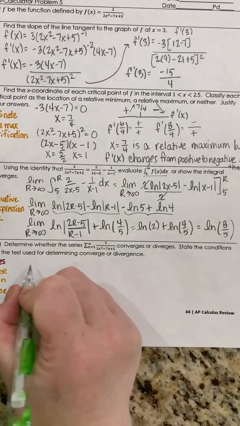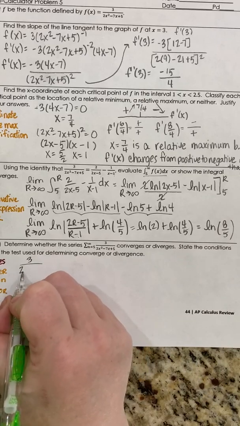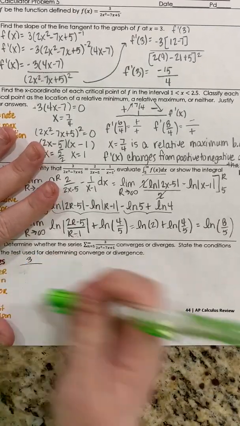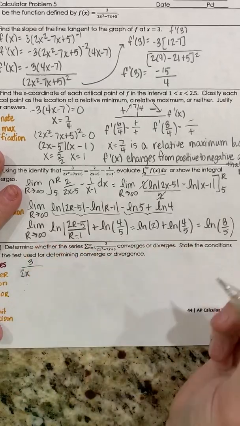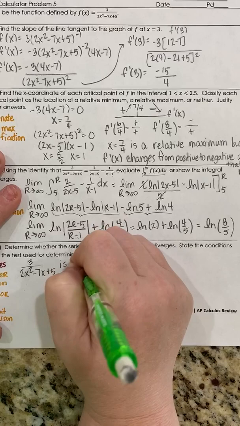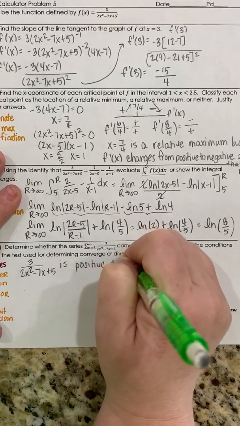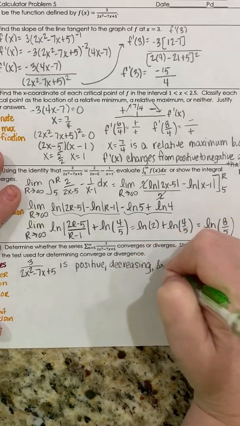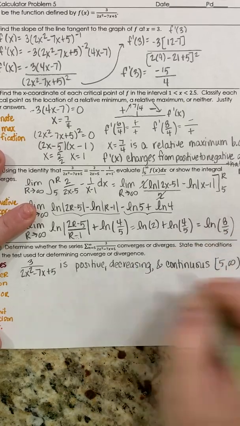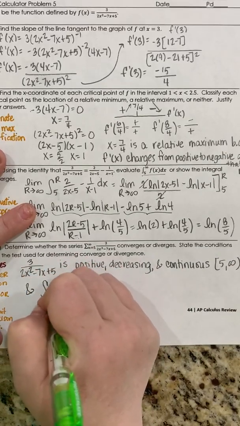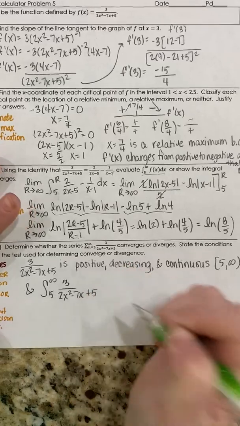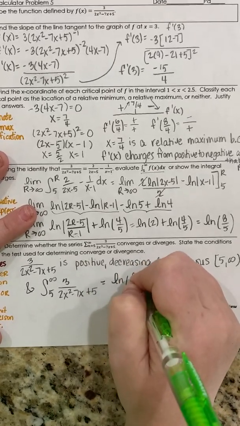So 3 over 2x squared minus 7x plus 5 is positive, decreasing, and continuous from 5 to infinity, and the integral from 5 to infinity of 3 over (2x squared minus 7x plus 5) equals ln of 8/5.